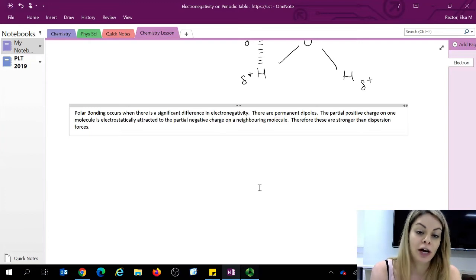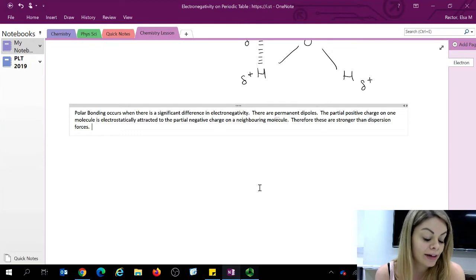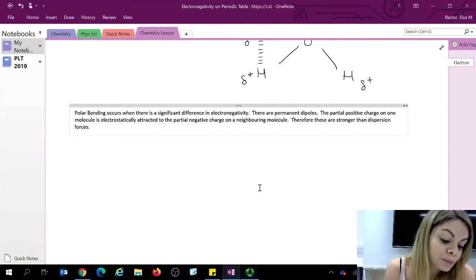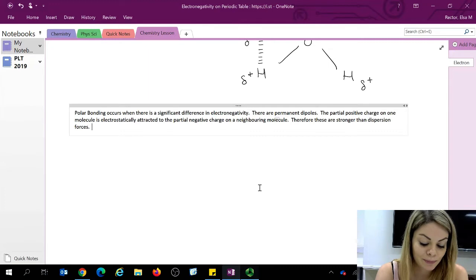There are permanent dipoles. The partial positive charge on one molecule is electrostatically attracted to the partial negative charge on a neighbouring molecule. Therefore, these are stronger than dispersion forces. Okay, so that is polar bonding, which is different to van der Waals forces. It's just a stronger version of a van der Waals force.